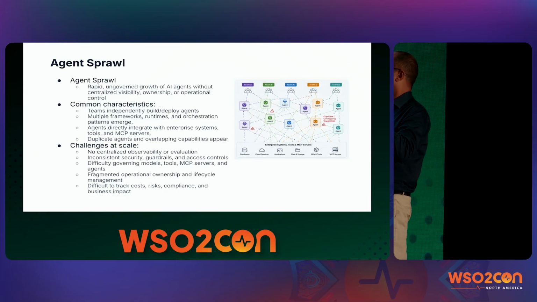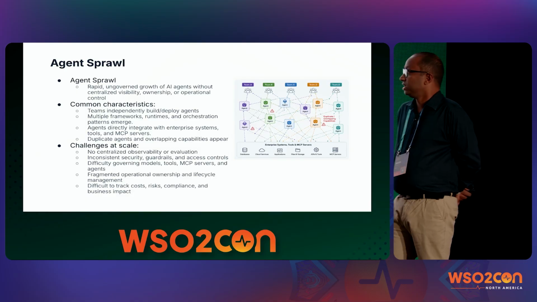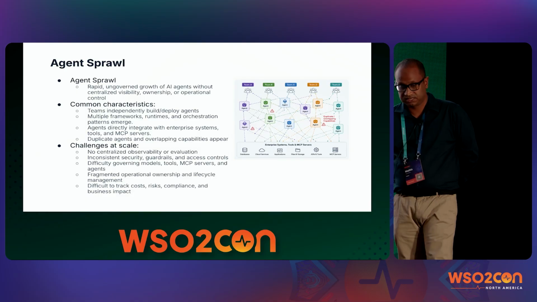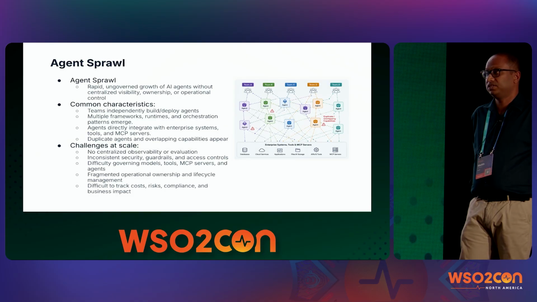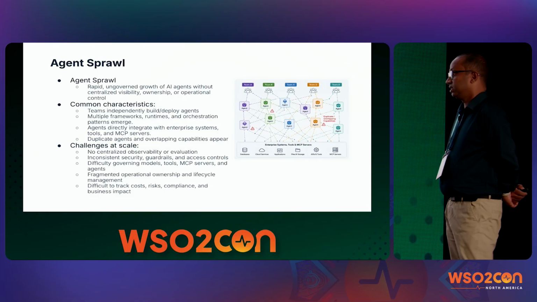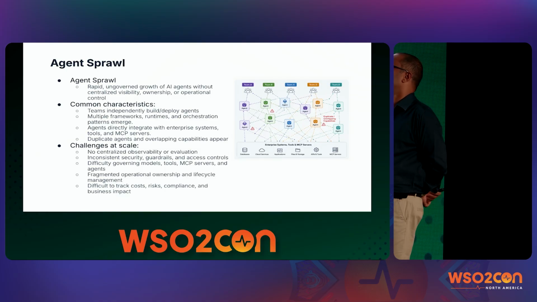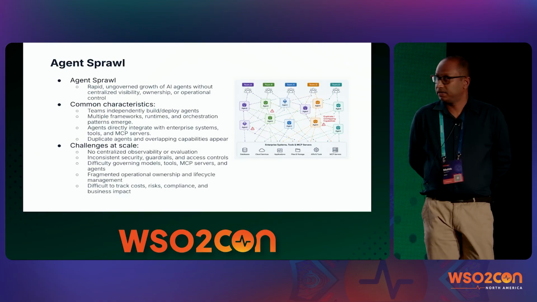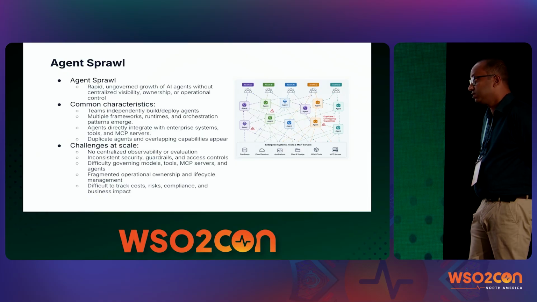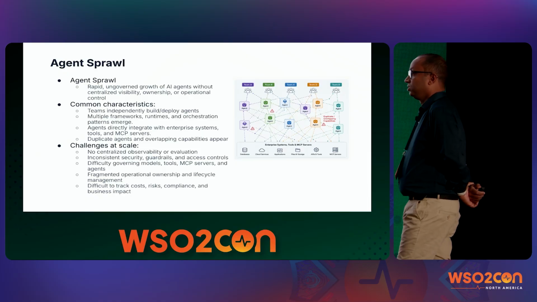So there are common characteristics of this, and this is causing a major barrier for scaling: not having centralized observability, evaluation, and inconsistent security guardrails across the organization.